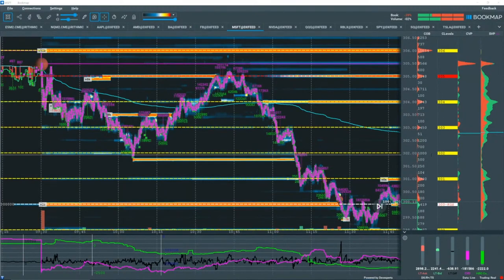If you go to the SpotGamma website, I think their help page is free and available to everybody, and you can search for key gamma strike and see a more detailed explanation.